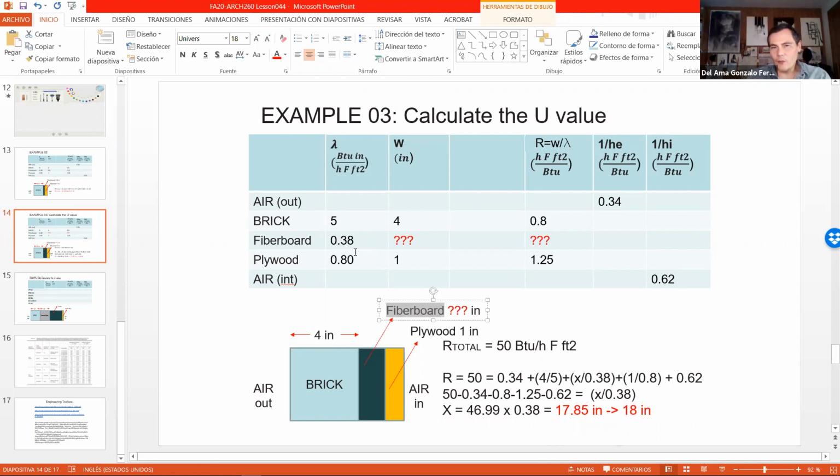But if we are working with this fiberboard, we need 16, 17, 18 inches of thermal insulation. You can take a tape measure or a ruler and try to measure 18 inches, and 18 inches is the basic thickness of the thermal insulation.